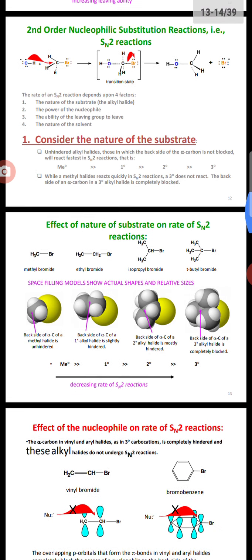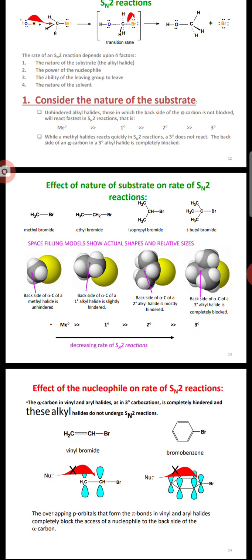Effect of the substrate on the rate of reaction. The alpha carbon in vinyl and aryl halides, as in tertiary carbocations, is completely hindered, and these alkyl halides don't undergo SN2 reactions, such as vinyl bromide and bromobenzene.